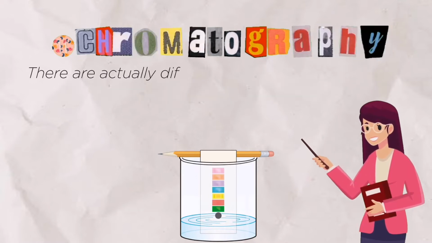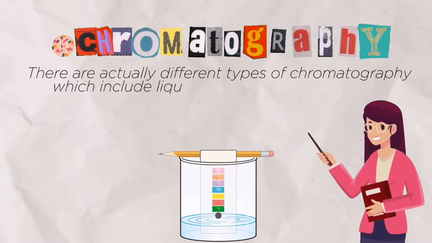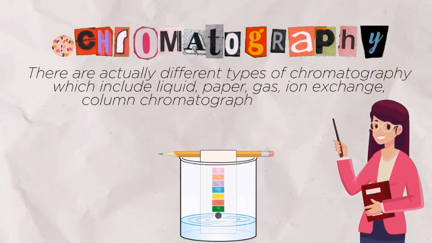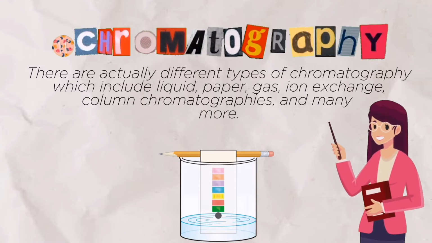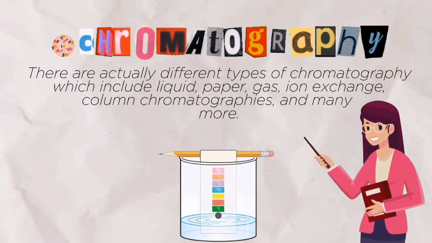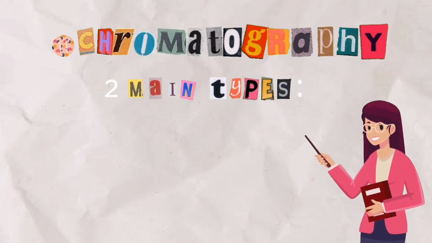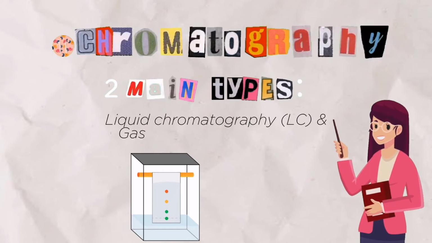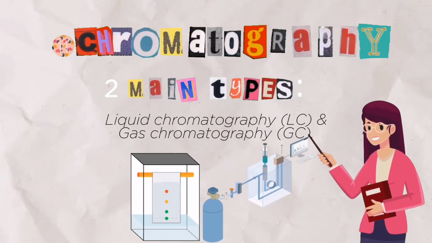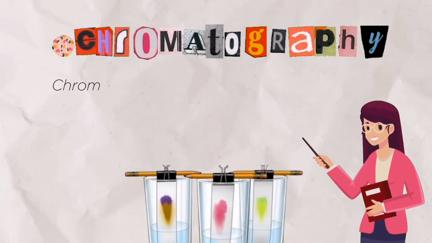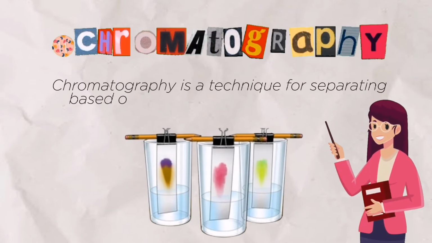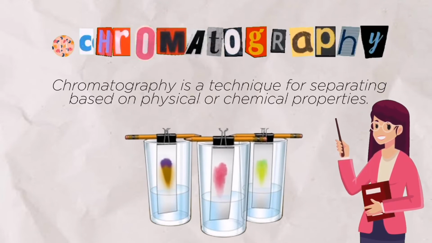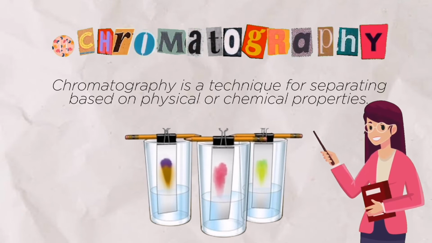There are actually different types of chromatography, which include liquid, paper, gas, ion exchange, column, and many more. The two main types are liquid chromatography, LC, and gas chromatography, GC. Basically, chromatography is a technique for separating based on physical or chemical properties.